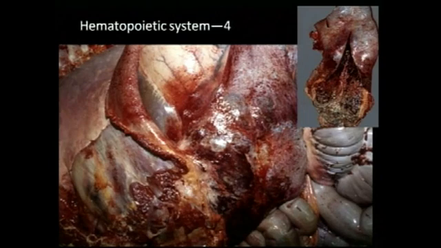Slide 4 is not our example of hepatic or splenic lymphoma, but we are looking at some splenomegaly, but more importantly, we have a focal mass in the spleen. And you'll notice even before we look at the cut section that it is associated with a lot of capsulitis and peritonitis.